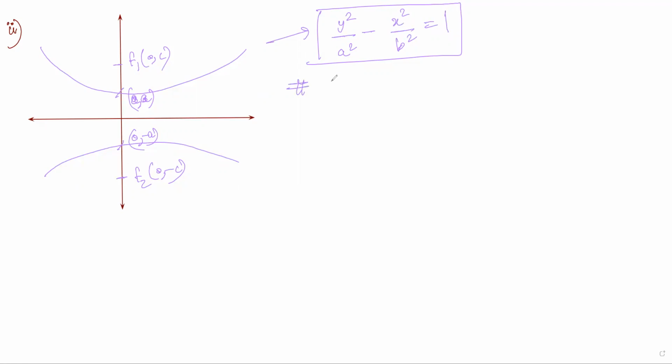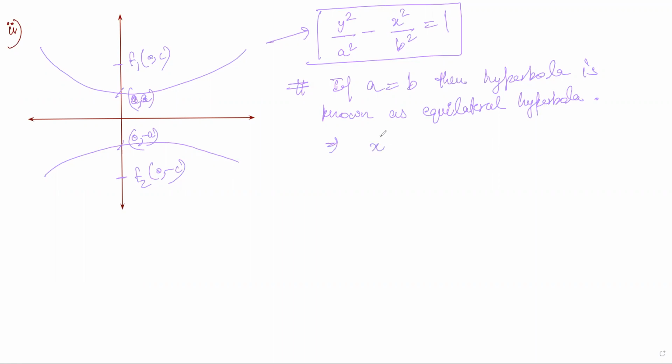Now remember one single point. If a is equals to b, then the hyperbola is known as a rectangular hyperbola, sorry, equilateral hyperbola. So whenever a is equals to b, your equation of hyperbola would be something like this.